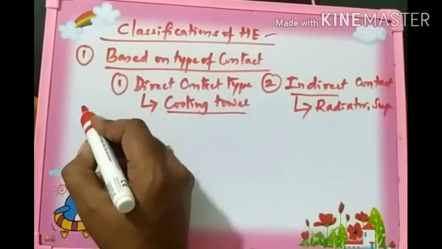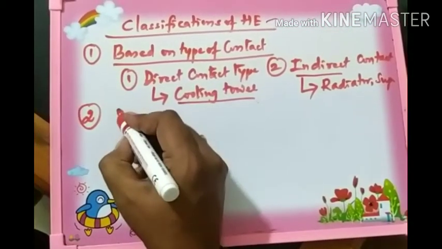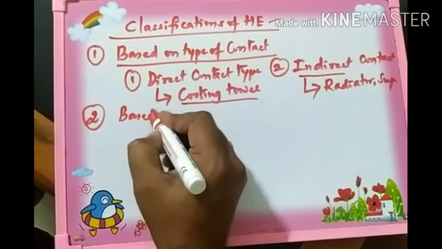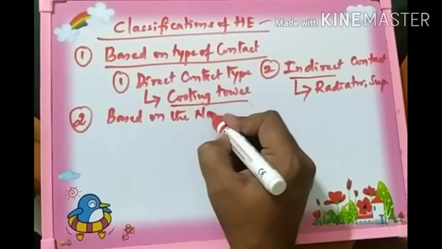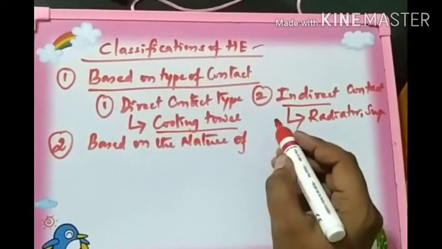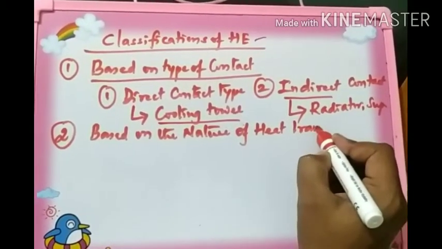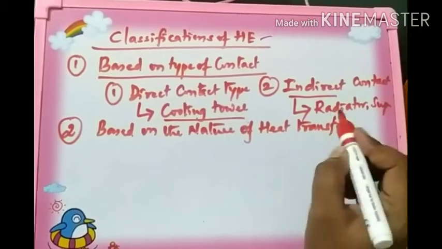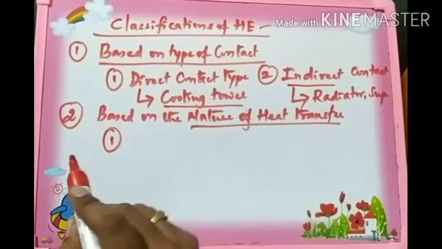Okay, now the second classification is based on the nature of heat transfer. Based on the nature of heat transfer, we can classify all the heat exchangers into two more types.